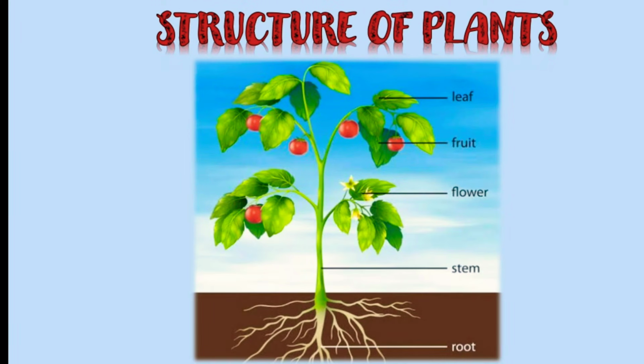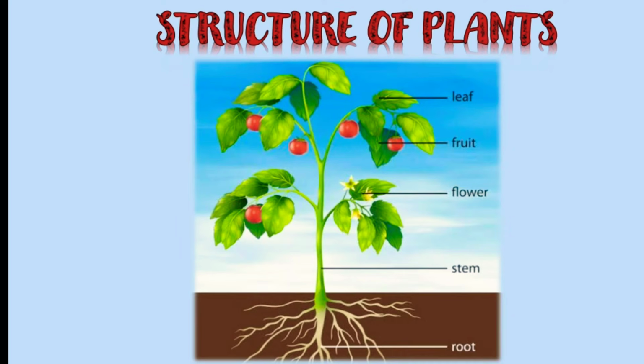And from time to time, the plant bears flowers, as you can see in the picture. Flowers are then transformed into fruits. Fruits have seeds. These seeds give rise to new plants. So the structure of a plant has leaf, stem, root, fruit, flower and seed as well.